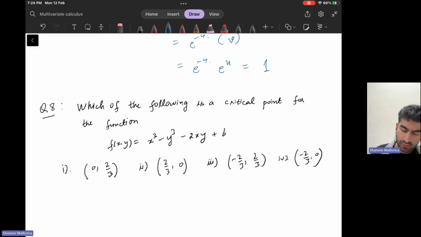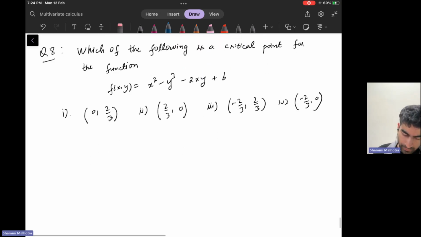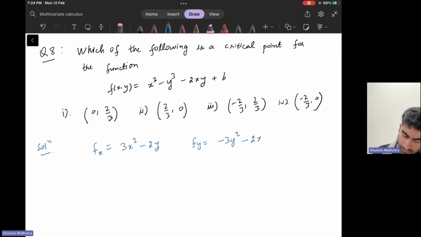So let us calculate the partial derivatives. So fx would be 3x square minus 2y. Fy would be minus 3y square minus 2x. So what do we want for critical points?